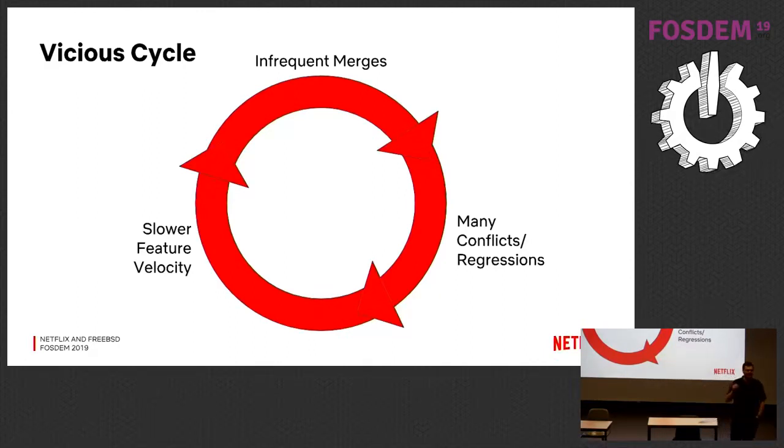And when you do them less frequently, you have even more merge conflicts and more regressions, which means you have to spend even more time fixing them all, which means your feature velocity gets even slower. The whole thing is so painful that you want to do the merges even less. And at some point, maybe you even stop taking merges from upstream, and instead you just try to cherry pick back the bug fixes that you think you need.